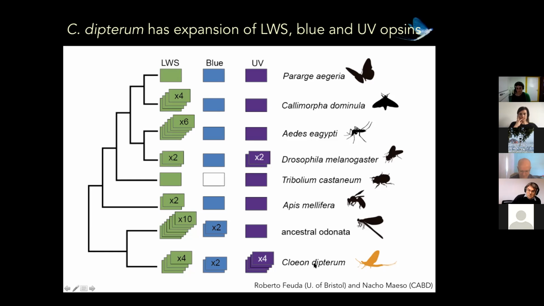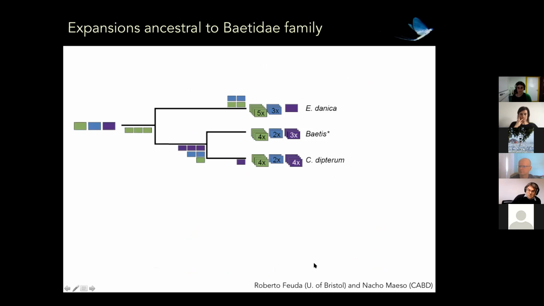expansions using other data available, what we observed was that the long-wave sensitive opsins duplications were ancestral to all the Ephemeroptera lineage. But when we look at the blue and the ultraviolet expansions, what we found is that they were ancestral to the Baetidae family.